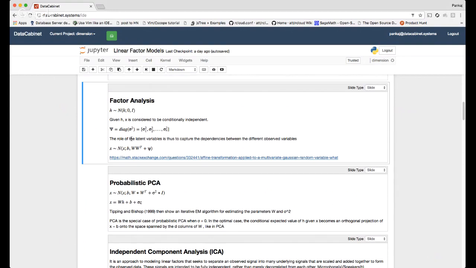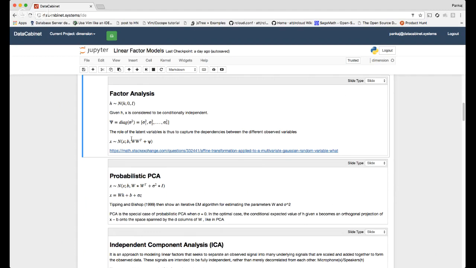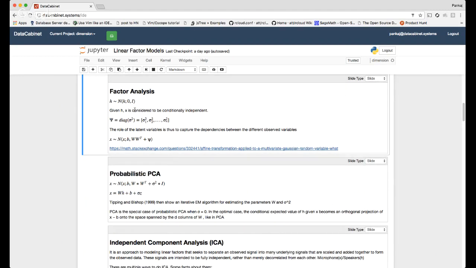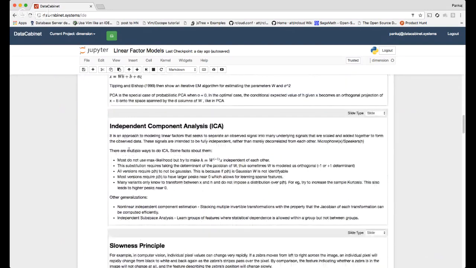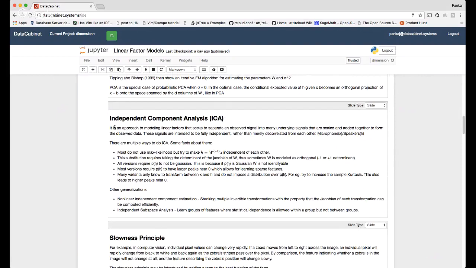They need not be independent of each other. The classic example is points on a circle: X and Y are not independent of each other, but you can create examples where the correlation is 0. So here we are only assuming the correlation is 0. But in independent component analysis, you are trying to make the H's independent of each other.